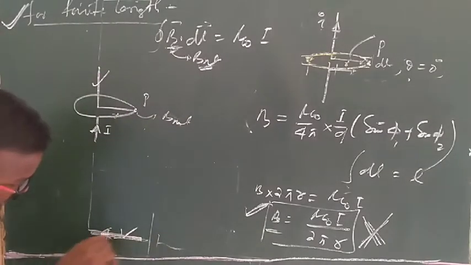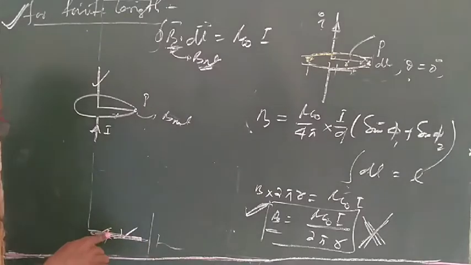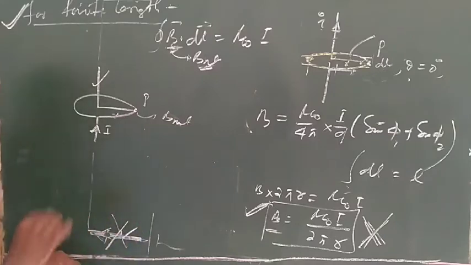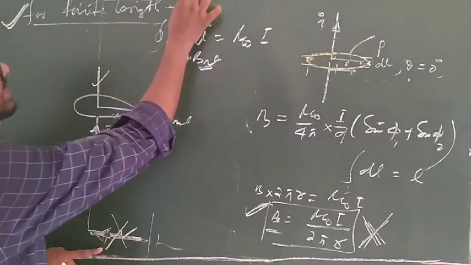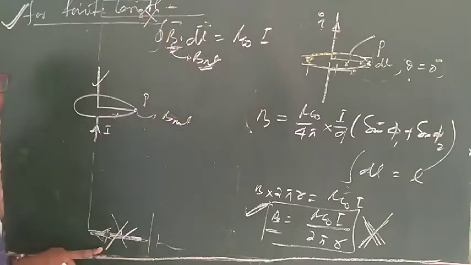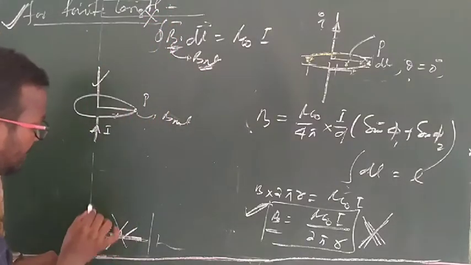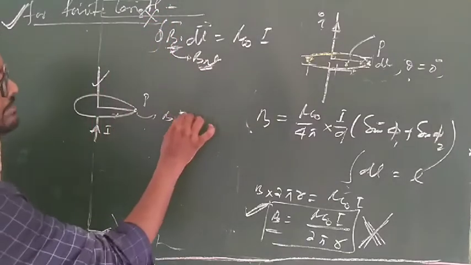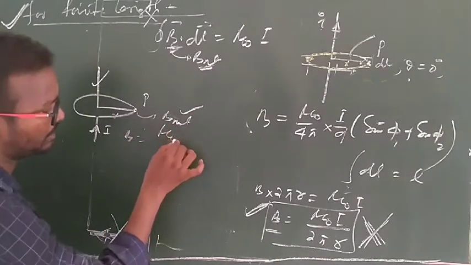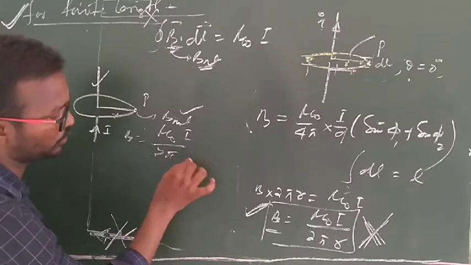But due to the other current elements, the magnetic field at point P is negligible. Only the magnetic field due to this current element counts, that is B net. Clear? And B equals mu naught I by 2 pi d.